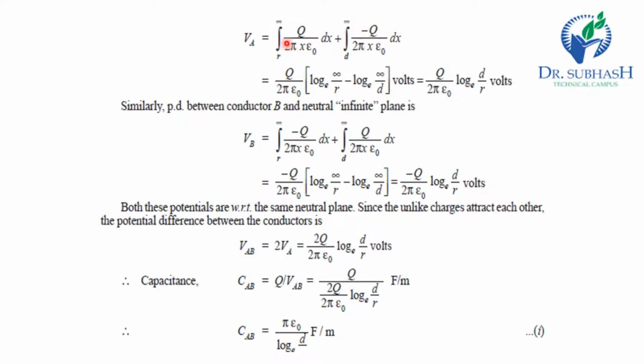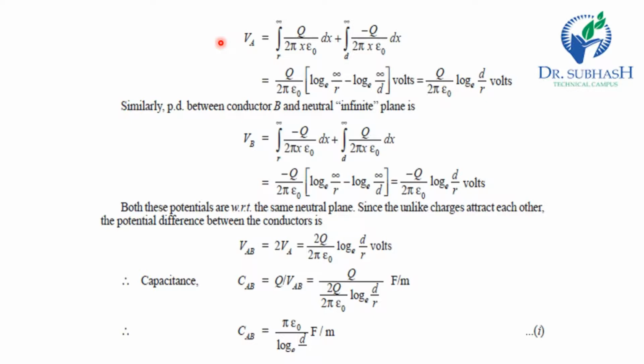So the integration is with distance from r to infinity, because the radius of conductor A is r and the distance between A and B is d. Now in our previous topic on inductance, we used flux linkage to find the inductance.